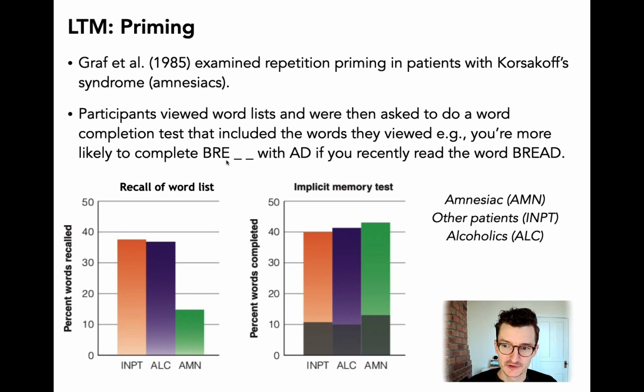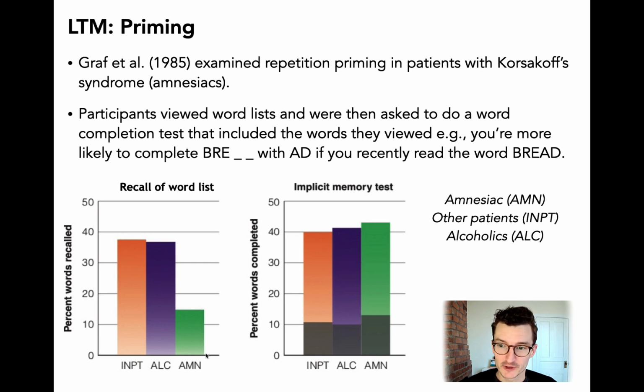And so what the researchers found in the study was that these amnesiacs, these Korsakoff patients who couldn't form new long-term memories, couldn't recall the words in the word list that they had viewed, so their performance on word recall was very, very poor, which is what you would expect.